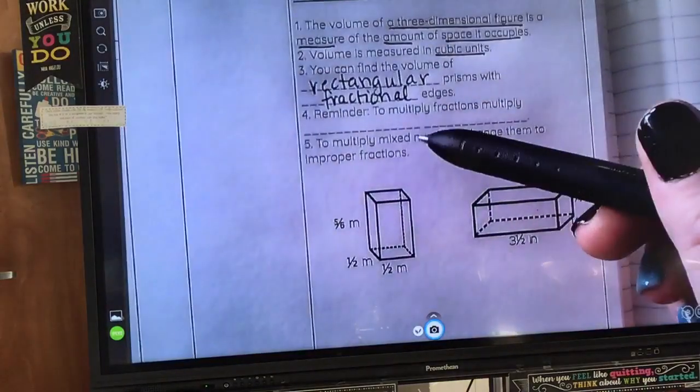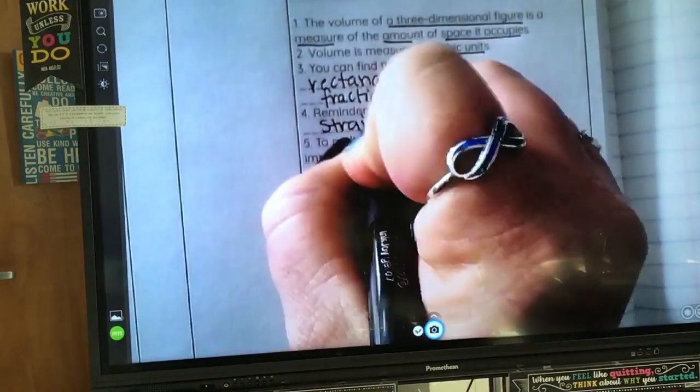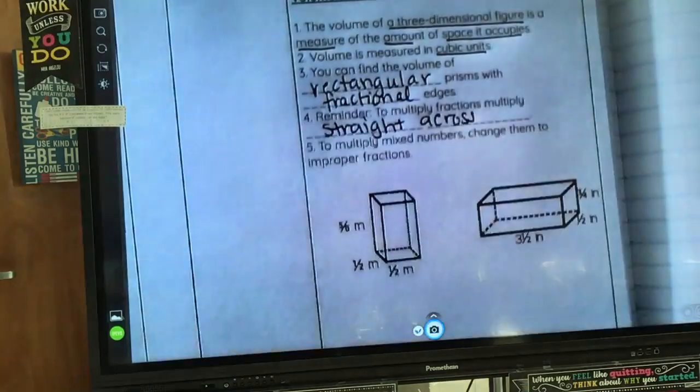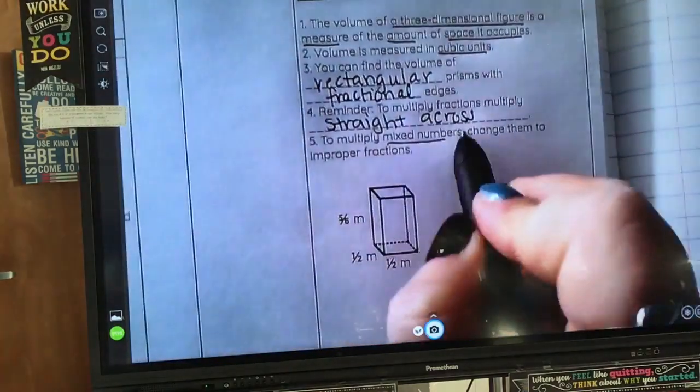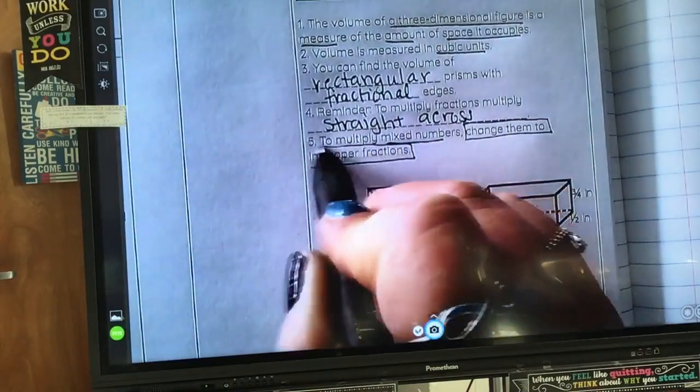Reminder that to multiply fractions, you multiply straight across. And then to multiply mixed numbers, we have to change them to improper fractions.